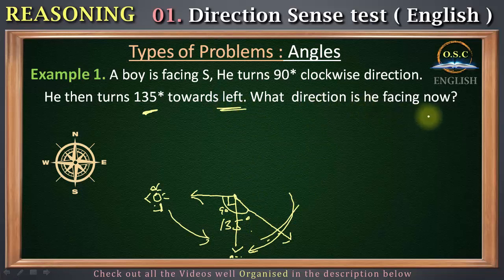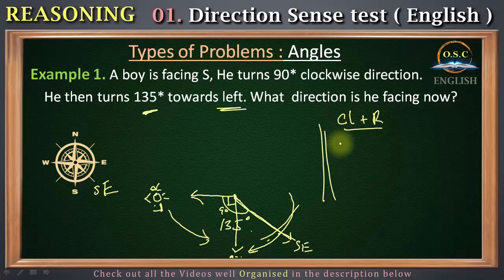So which direction is he facing now? So which will be this direction? This will always be southeast direction. So now he is looking towards southeast direction. So as I told you, another way: clockwise and right will be positive, and anti-clockwise and left will always be negative directions.